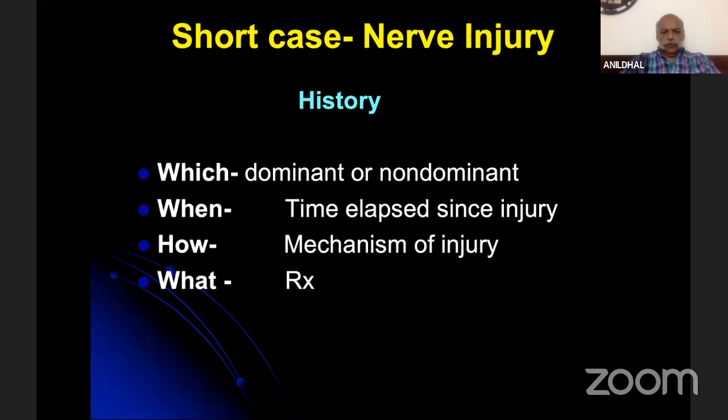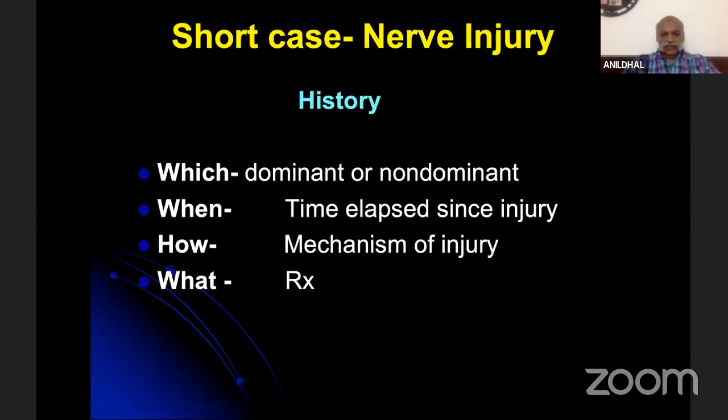on these 4 points. So the first and foremost is, like in all other upper extremity cases, is the dominant hand involved or is it the non-dominant one? Because we all know that the functional demands of the dominant hand are far greater than the non-dominant one. When did the injury occur?